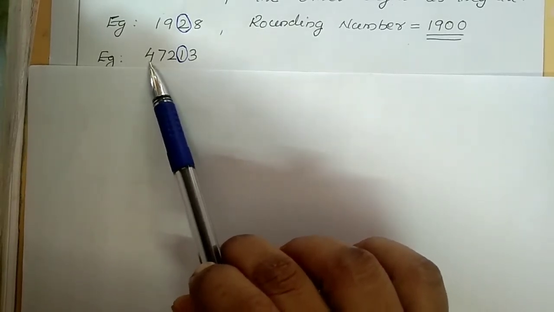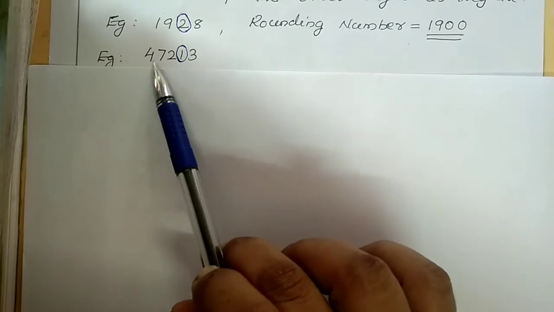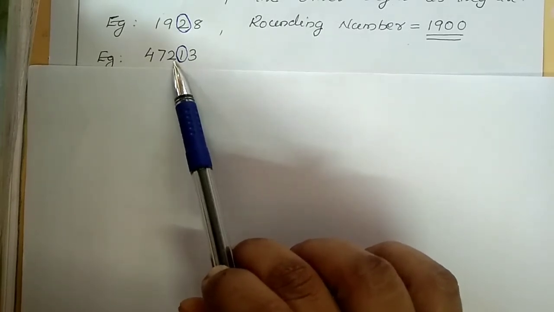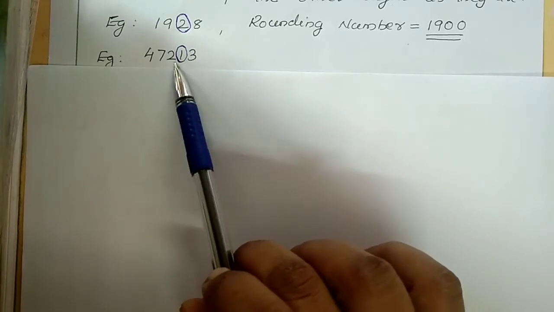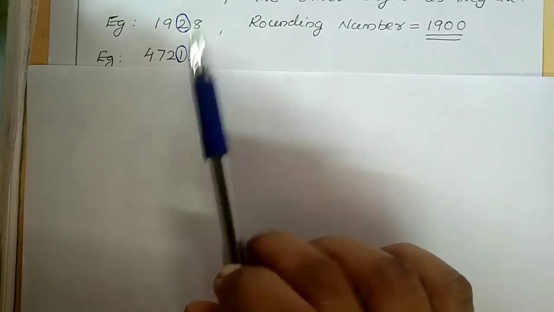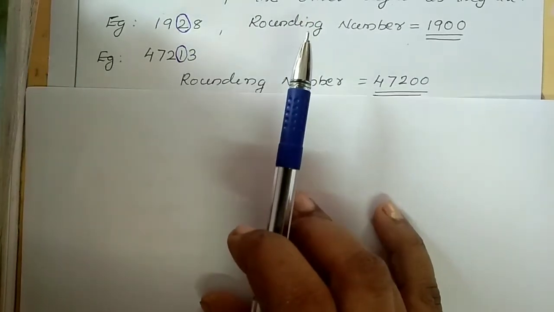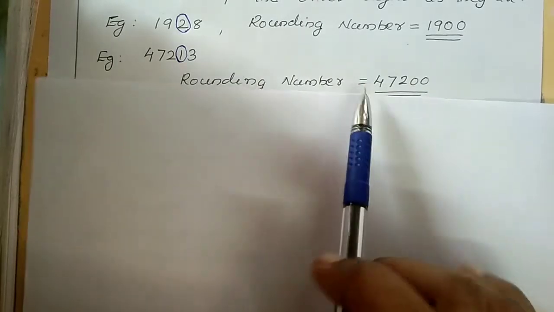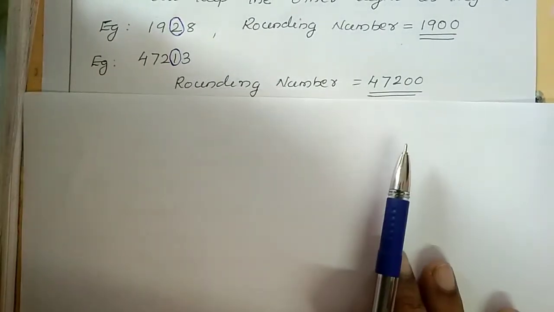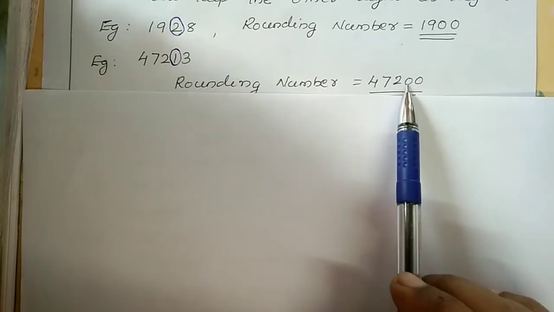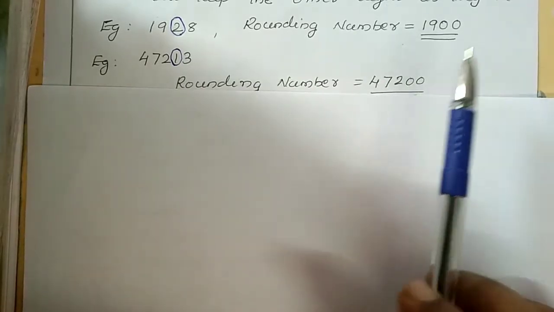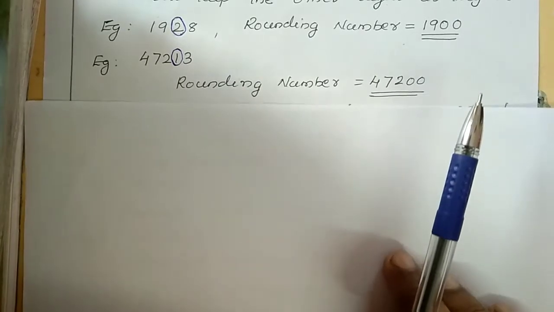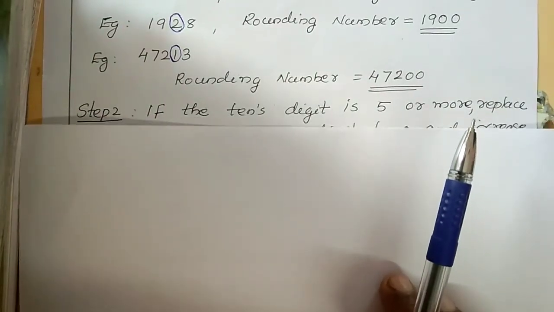That means no change in these three digits, 4, 7, 2. Replace these two digits as 0. So our rounded number is 47,200.